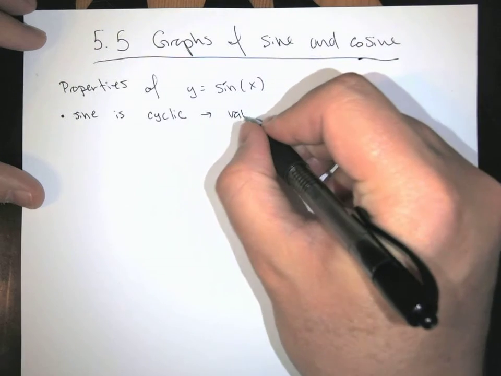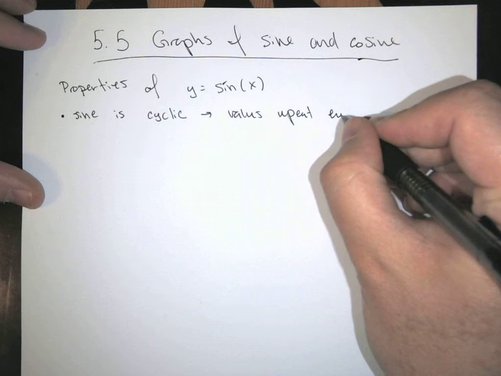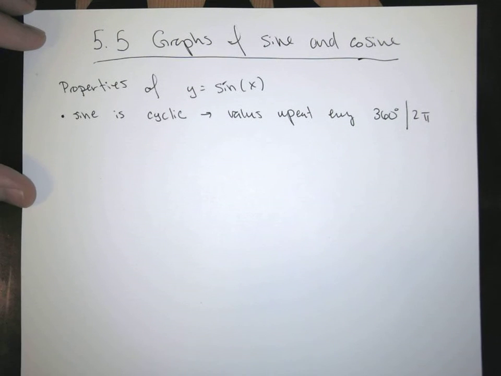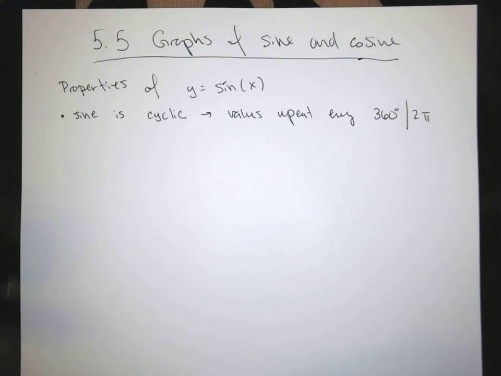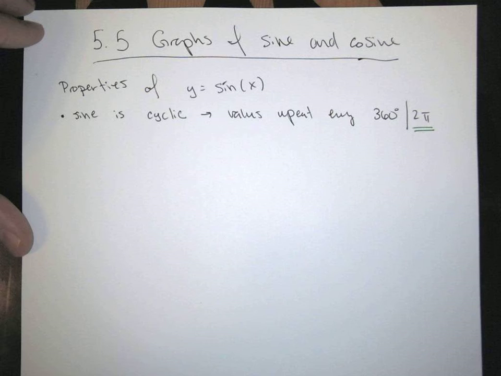Meaning the values repeat every 360 degrees, right, slash every 2 pi. I should make a special note as we're getting started: we're going to be using radians here. We're not going to be using degrees as our input.